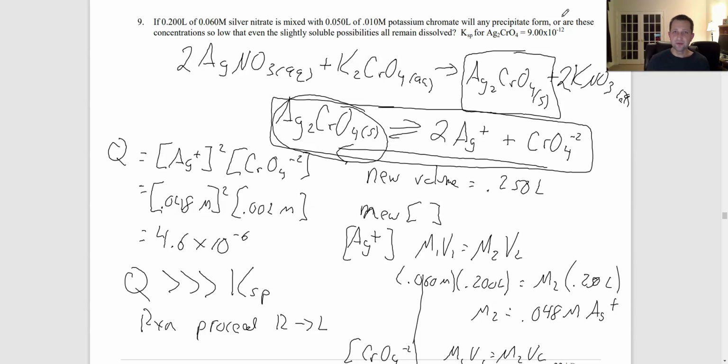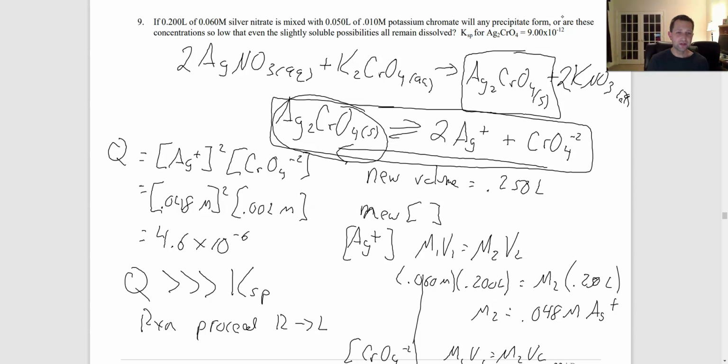It doesn't take this long once you get the hang of it. But this is really showing understanding of KSP and solubility and reaction quotient Q. So start with your overall equation, isolate your precipitate, and look at the equation that's occurring for that. Your precipitate equation is this, your KSP setup.